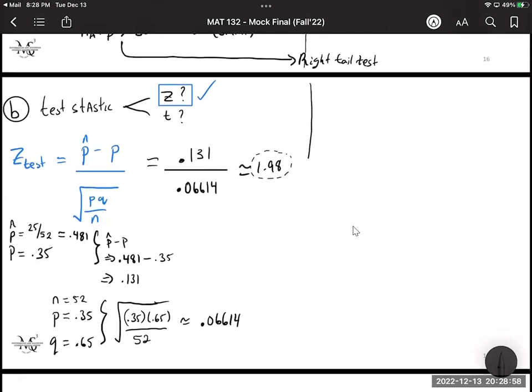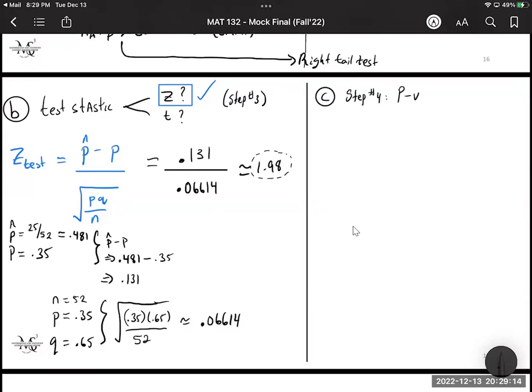All right, now we move on to part C. What I did here in part B was step 3, which was computing a test statistic. Part C is where you look at step 4, which is computing the p-value. In short, the p-value is the probability or area of your test statistic in the direction of the alternate hypothesis.